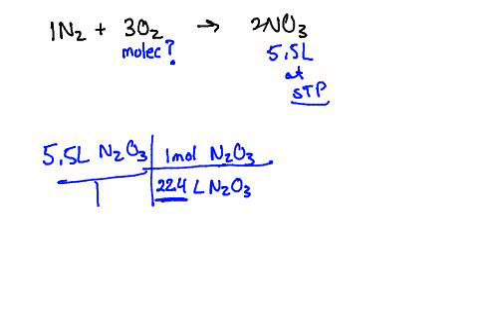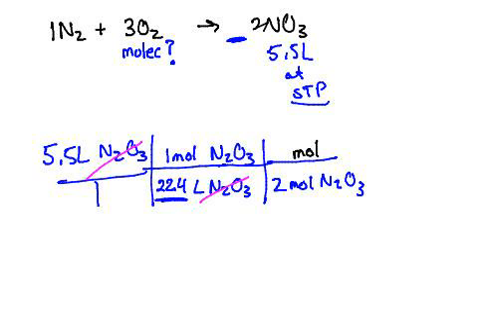All right, so liters of dinitrogen trioxide goes away, and now I must convert using the mole-to-mole ratio, right? Mole-to-mole ratio, yes. So I can say moles of N2O3. Now the number in front of N2O3 here is a 2, and in front of moles of oxygen, O2, this of course is a 3.